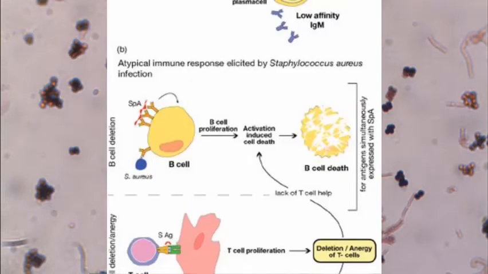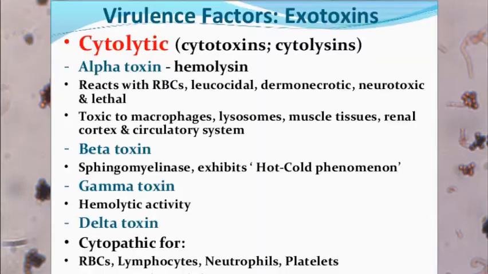The cytotoxins lyse neutrophils, causing the release of lysosomal enzymes and so the damage of surrounding tissues. For example, alpha toxin disrupts the smooth muscle in blood vessels, and it's toxic to a lot of cells like erythrocytes, hepatocytes, platelets, and other cultivated cells.